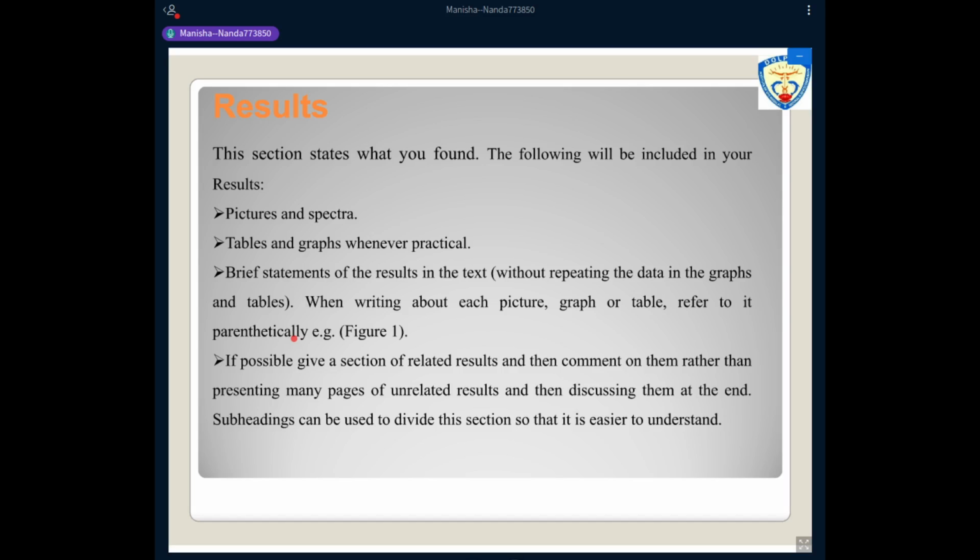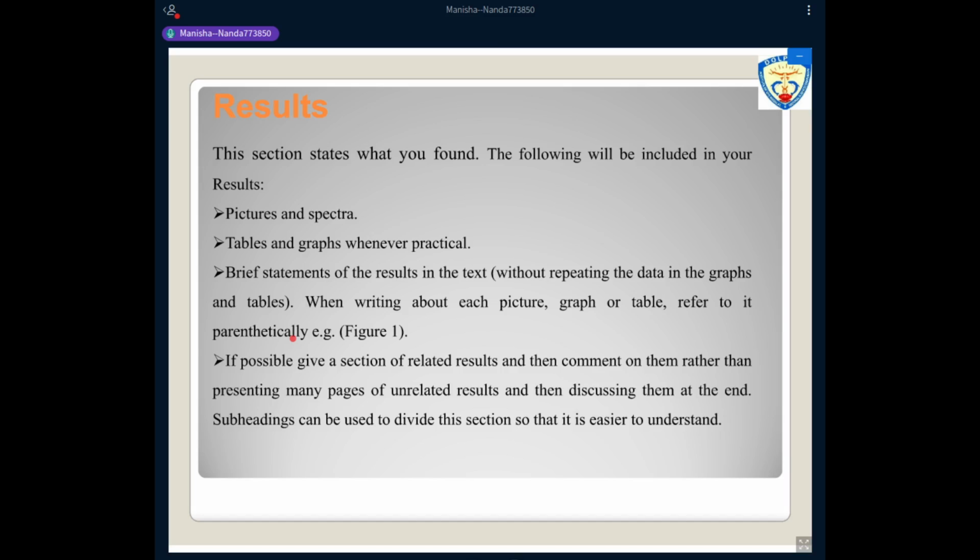You'll mention that the results of the effect of temperature on the denaturation of DNA are represented in figure 1, or can be learned from the following figure. Then in the bracket, you write down figure 1.